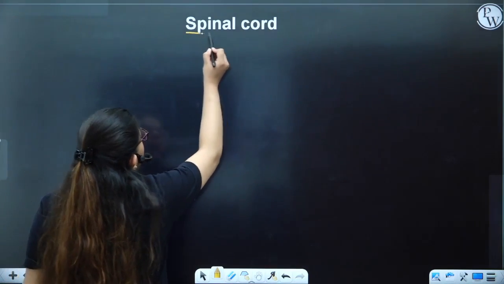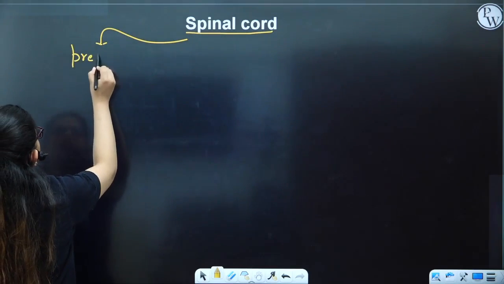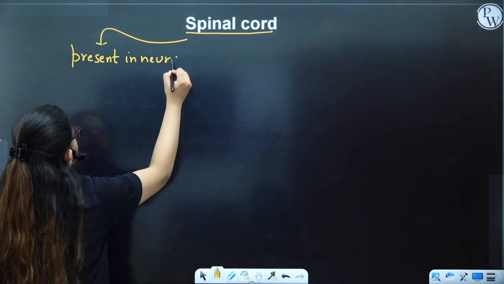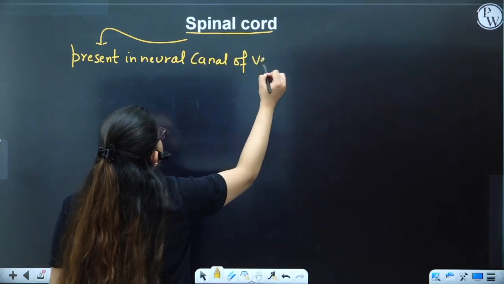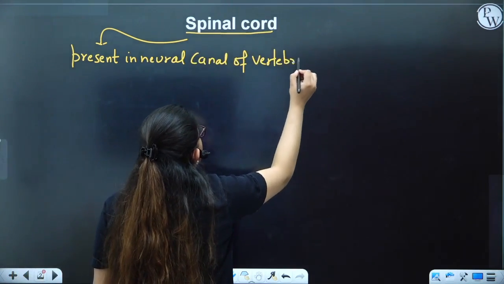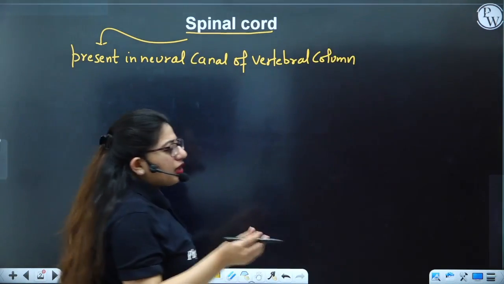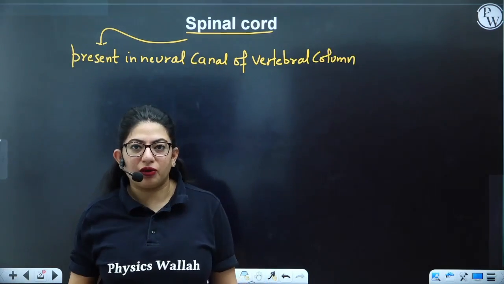Let's talk about spinal cord. So, if I talk about spinal cord, where it is present, first of all, it is present in neural canal of vertebral column. So in our vertebral column, that is in our backbone, we have an empty space, and that empty space contains the spinal cord, right?